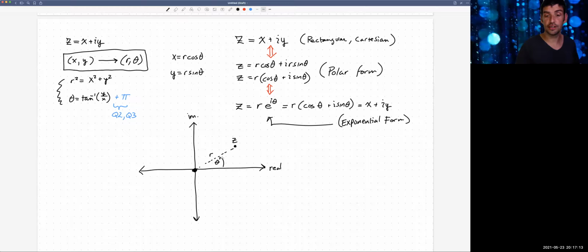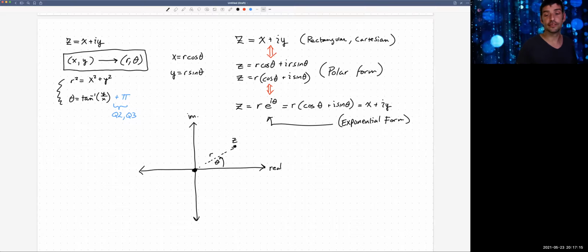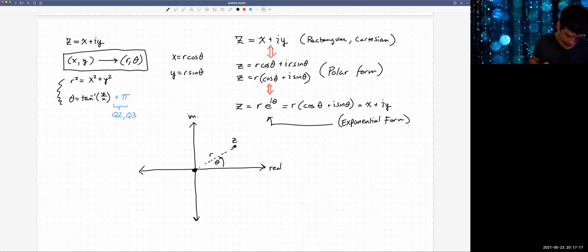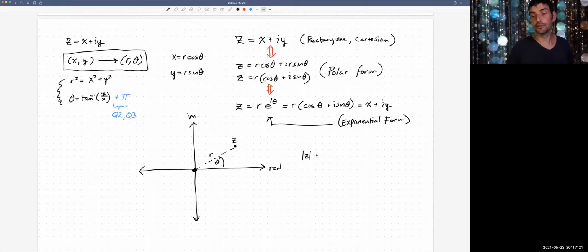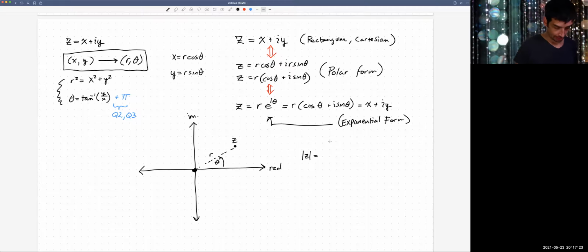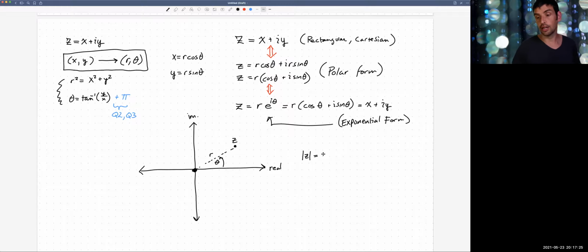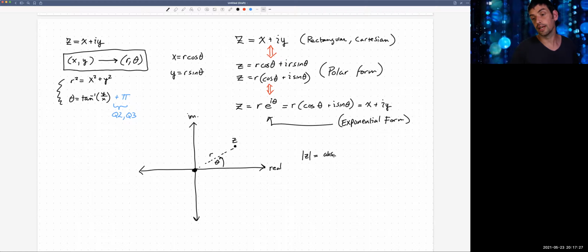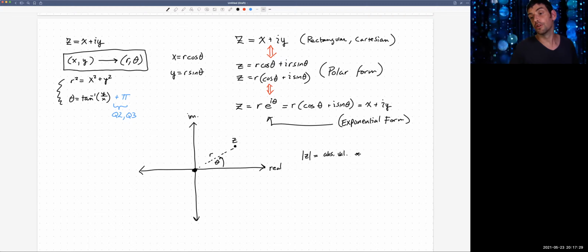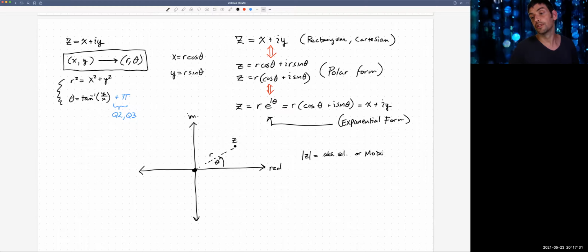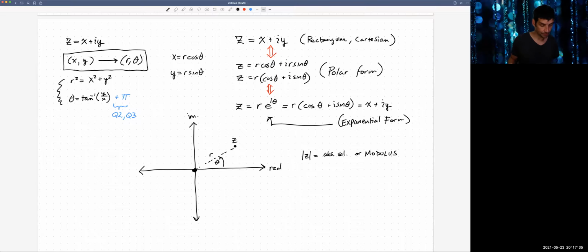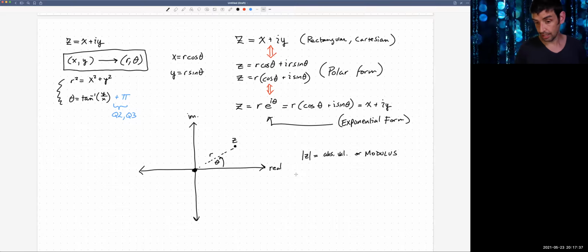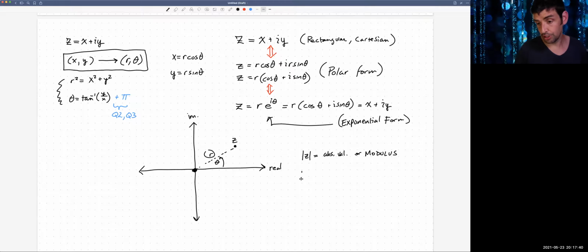If this is theta, r is the radius, the distance from the origin. So our definition is, absolute value of z, or perhaps a better term, the modulus of z, is exactly r, which we know how to find.